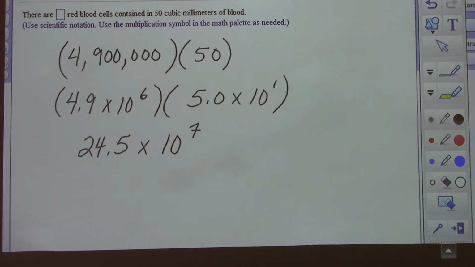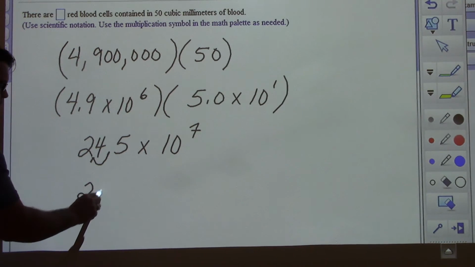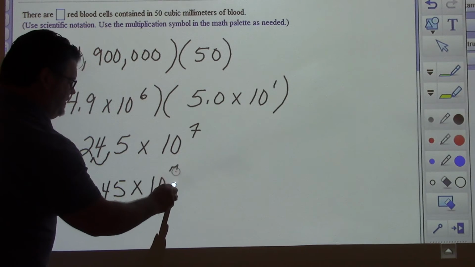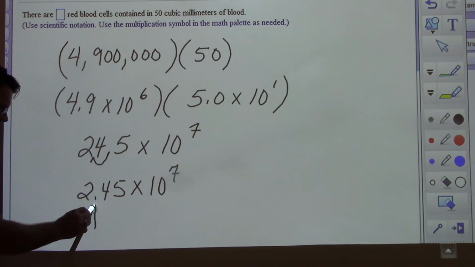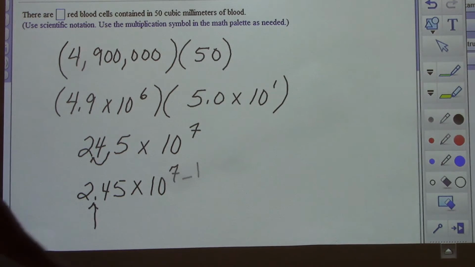Now, let's look at the directions. Use scientific notation. So that means we got to move it one place. Right there. So 2.45 times 10 to the 7th. Which way did I move this decimal to get it back the way it was in my head? To the right.